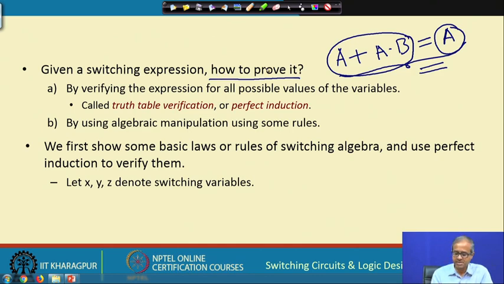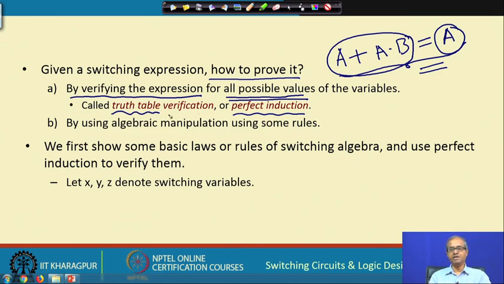To prove this there can be multiple ways, but the first one is a simpler method, though more tedious, and right now we shall be talking about this only. We prove by verifying the expression for all possible values of the input variables. This is called the truth table or perfect induction method of verification. We talked about truth tables earlier when we looked at the different gates and, or, not.